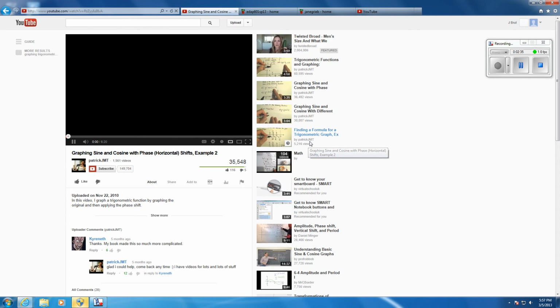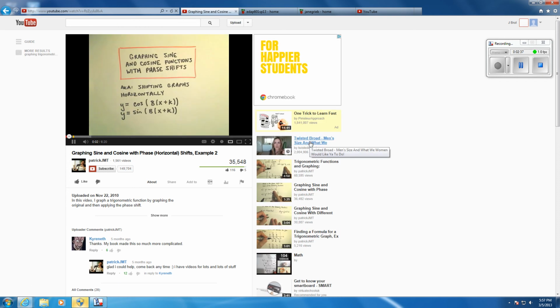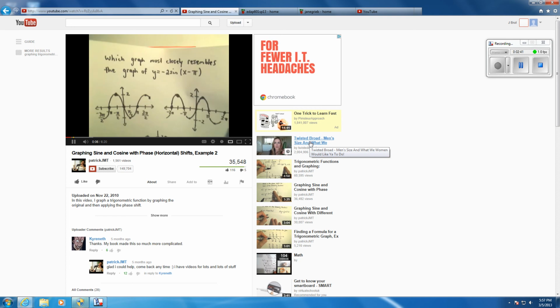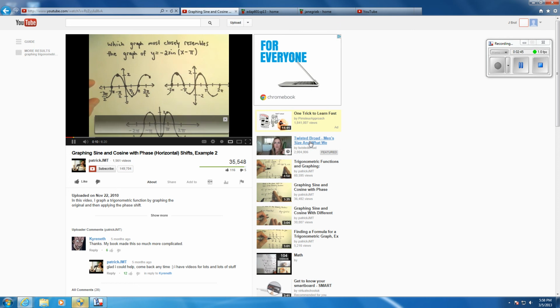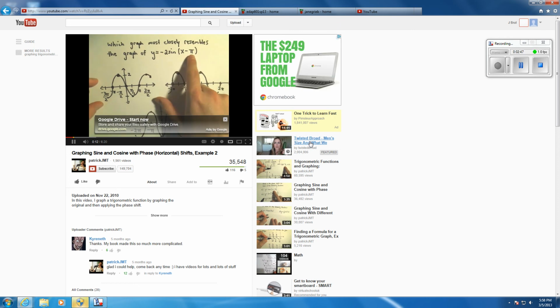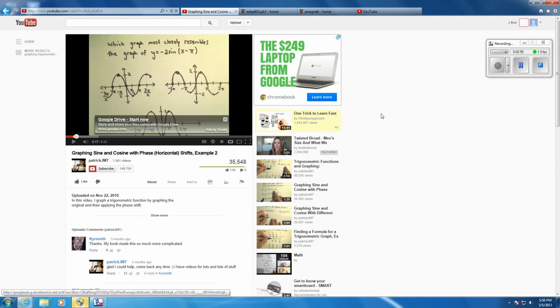Another quick source is just graphing the basic function shifts with sine and cosine. Cosine functions with phase shifts. So here we're going to figure out which graph most closely resembles this graph, y equals negative 2 sine of x minus pi. We've got 3 different choices here. So with this example, you're focusing on what each value is doing to the graph and identifying equations with graph options.